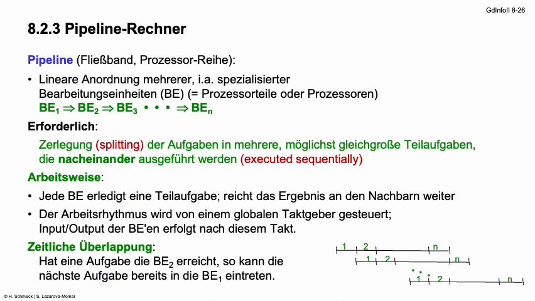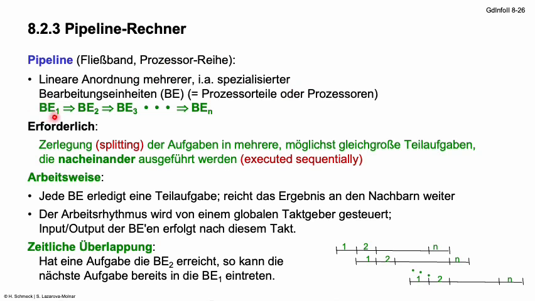So another way to improve the performance of the CPU is basically through pipelining. And pipelining is basically the process where you arrange hardware elements of the CPU so that they allow for simultaneous execution of more than one instruction. In general, we have a linear arrangement of a number of processing units, which can be specialized as well.